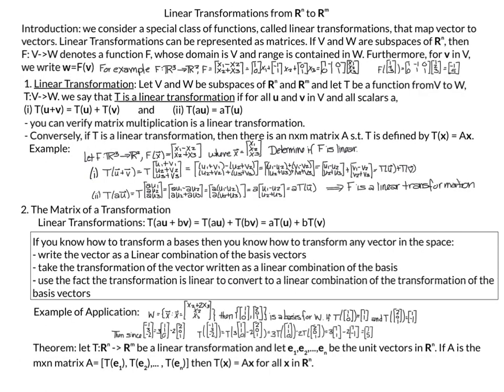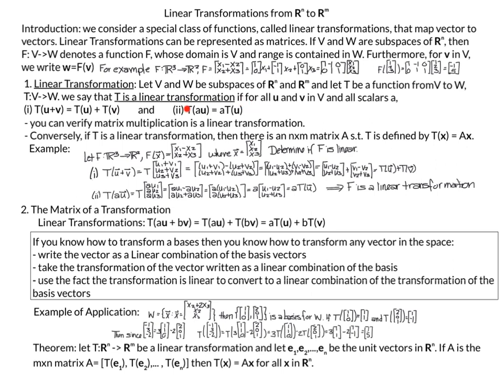To review what we've done in this video, we talked about transformations as being functions that map from a vector space to another vector space. And we talked about linear transformations that satisfy these two conditions. One, that the transformation of the sum of two vectors is equal to the sum of the transformations of the two vectors.